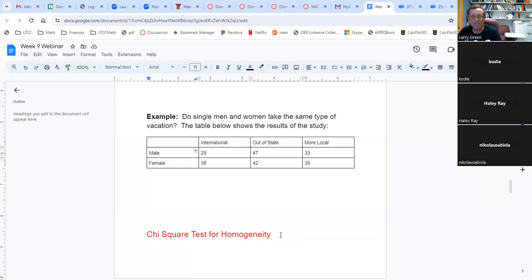When I read the book, it didn't have the test for homogeneity in it. So I emailed the author, whom I happen to know, asking if in the next edition she could put in a chi-squared test for homogeneity.